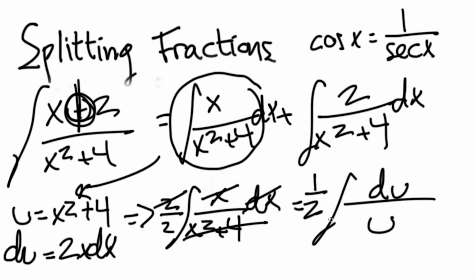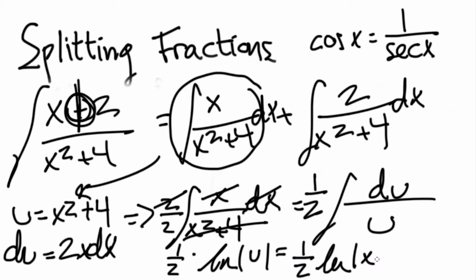And if we took the integral of this, the integral of 1 over u, because this du over u is the same thing as 1 over u times du, but the integral of 1 over u is just going to be the ln absolute value of u, and then we multiply by our 1/2 by the constant multiplier rule, right? And then we reintroduce our u, which is x squared plus 4, to get 1/2 ln x squared plus 4. And that's our final answer just for this first integral up here.